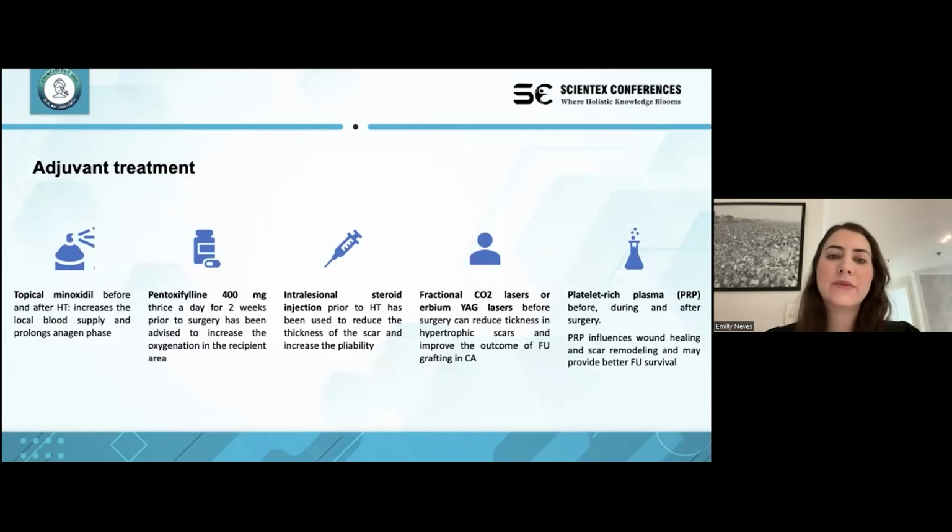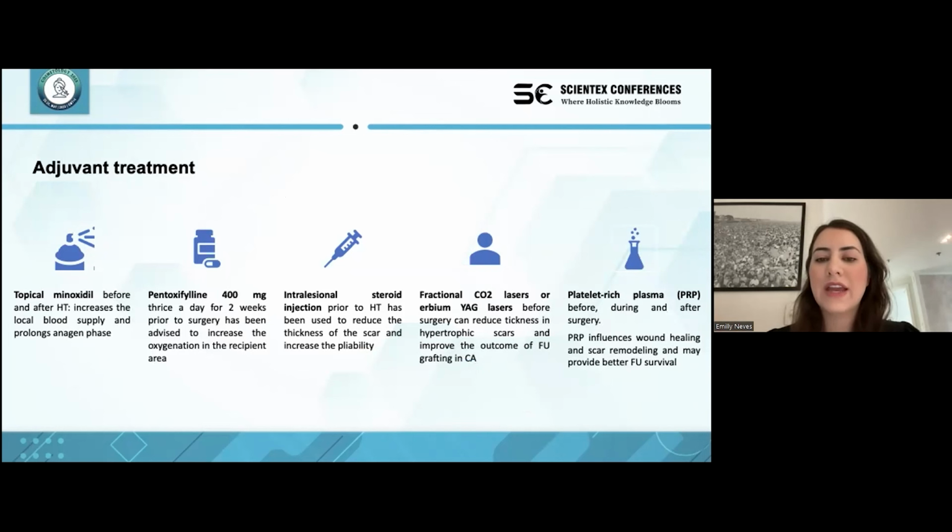Some adjuvant treatments found in the literature: we can use topical minoxidil before and after surgery to increase local blood supply and prolong the anagen phase. Pentoxifylline can also be used prior to surgery to increase the oxygenation in the recipient area.